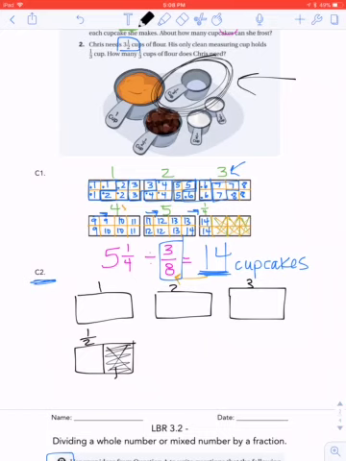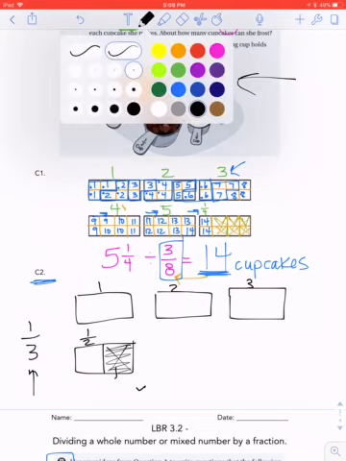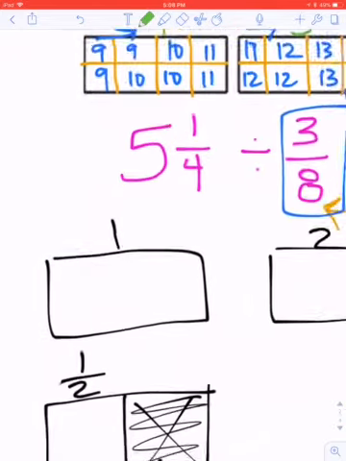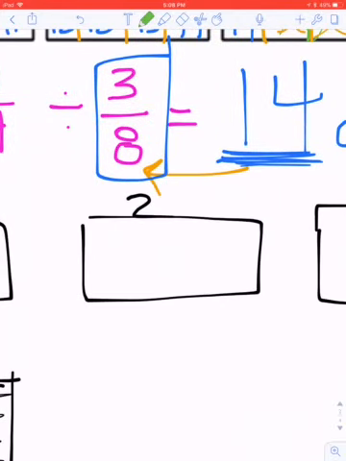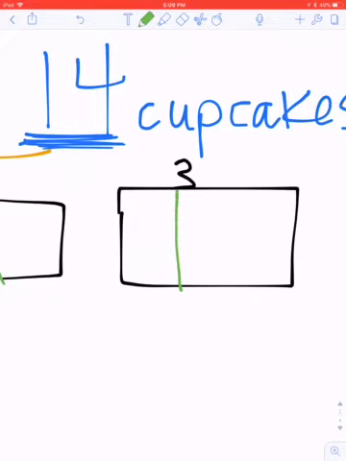Okay, so if we're looking at our 1/3, we know we need to divide each of our cups into 1/3 sections. Okay, so I'm going to go ahead and do that in green. I need to split this 1 whole cup into 3, split this cup into 3, and this cup into 3.